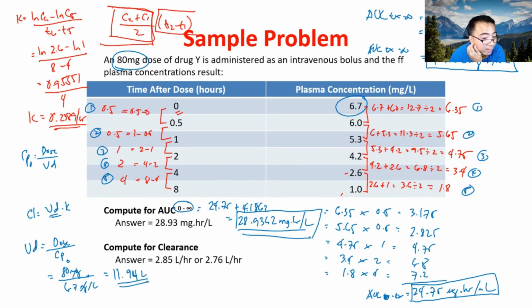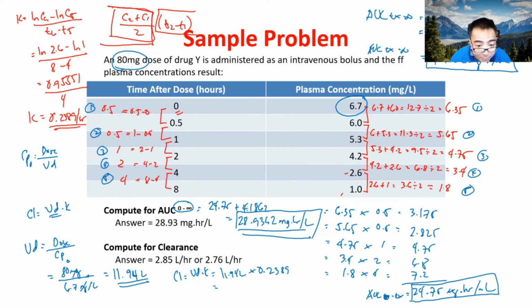Now, that's just the VD. We're not yet done, because what we're looking for is clearance, which is VD times K. That's 11.94 liters times our K, which is 0.2389.